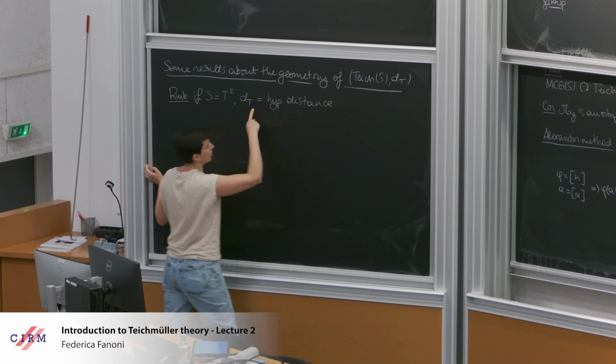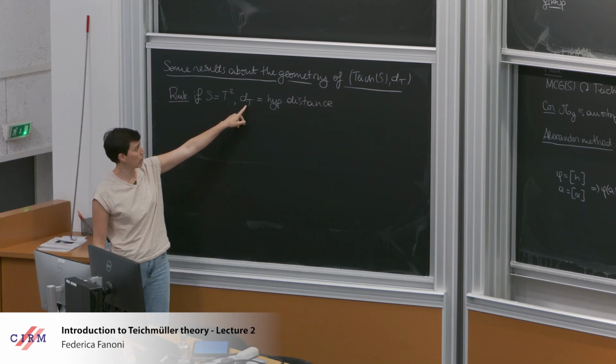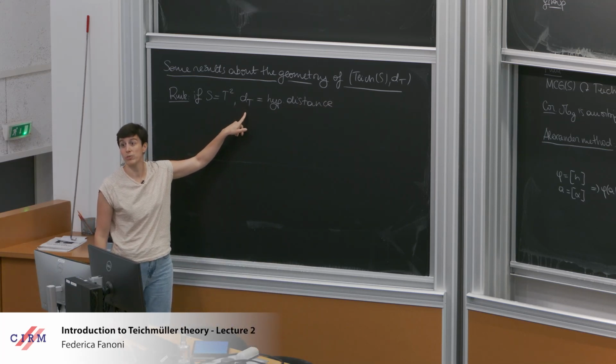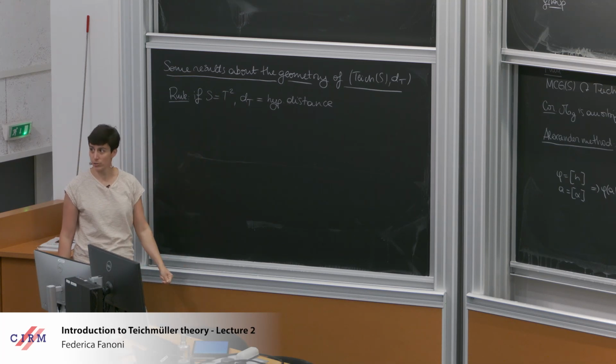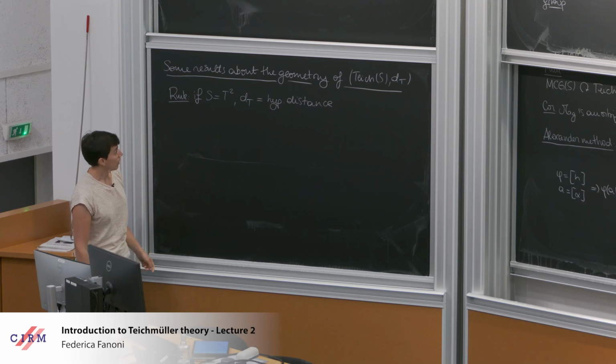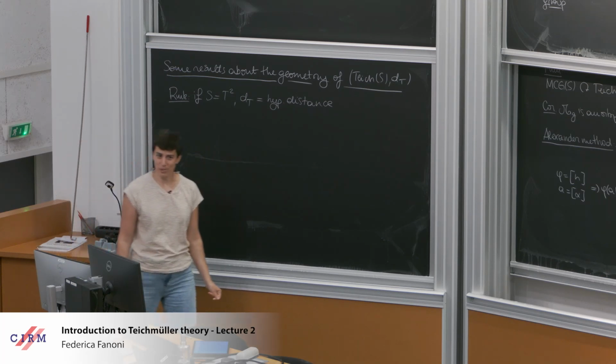So this is recalling the fact that the Teichmüller space of a torus is the hyperbolic plane, at least as a set. And what this is telling me is that this is actually really isometric to the hyperbolic plane. So there we know quite a lot about its geometry.